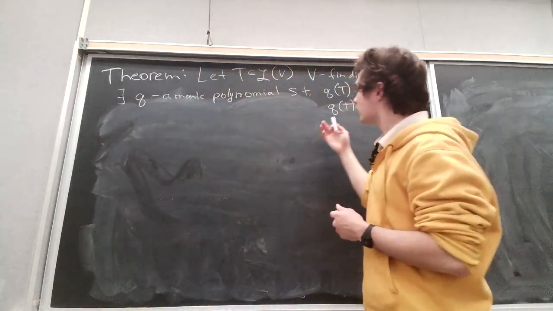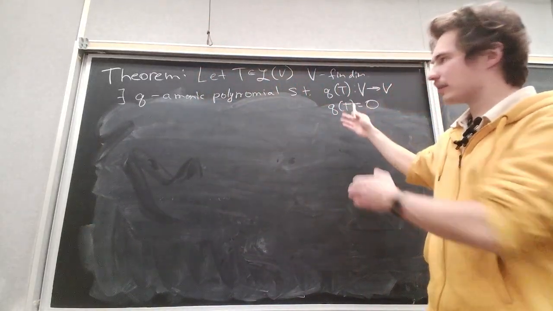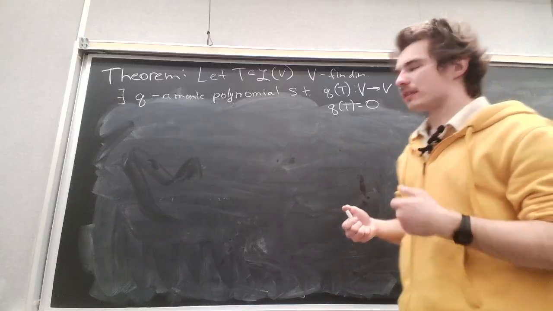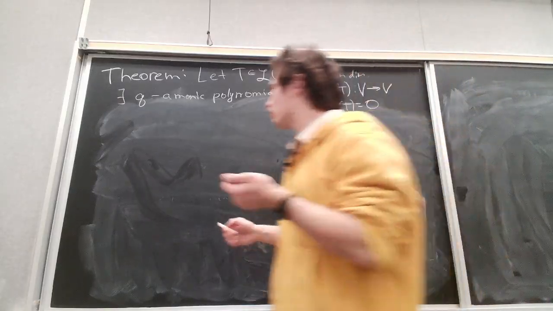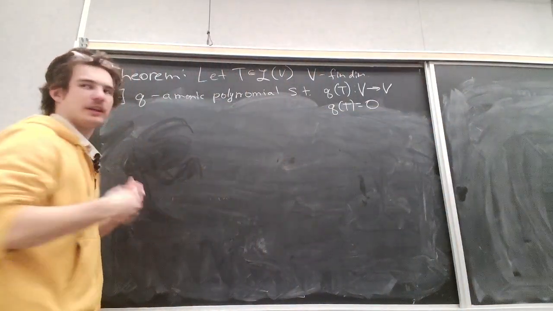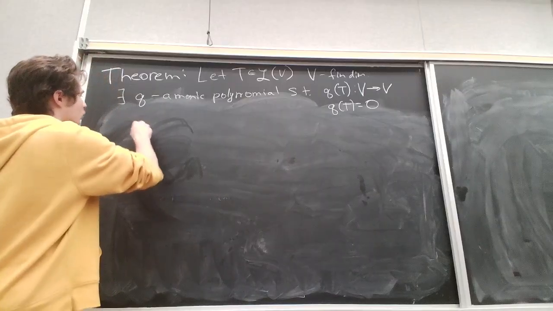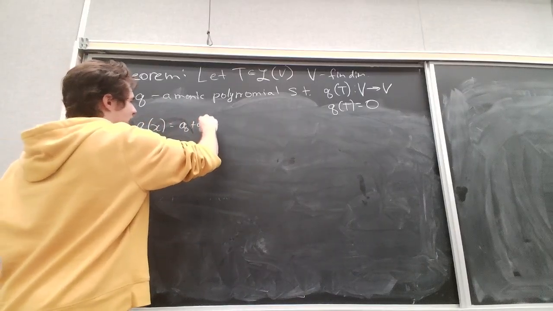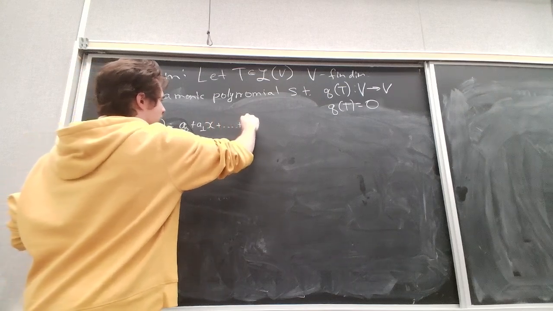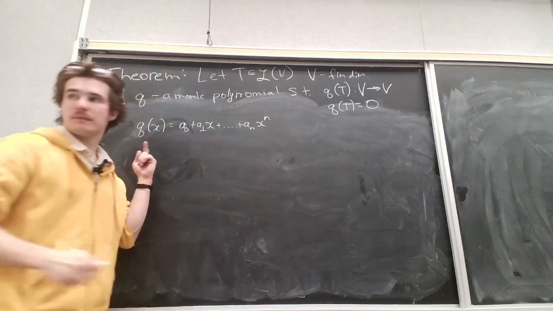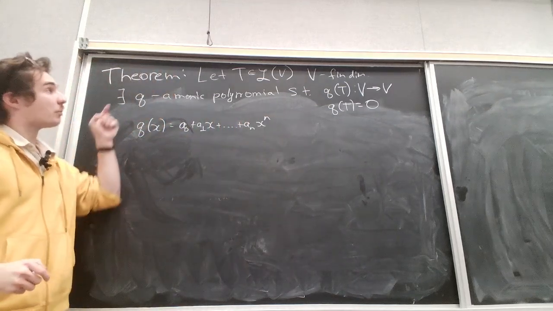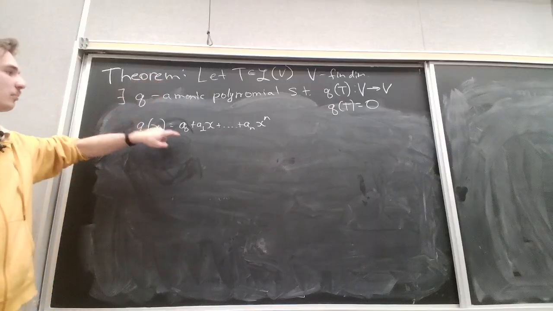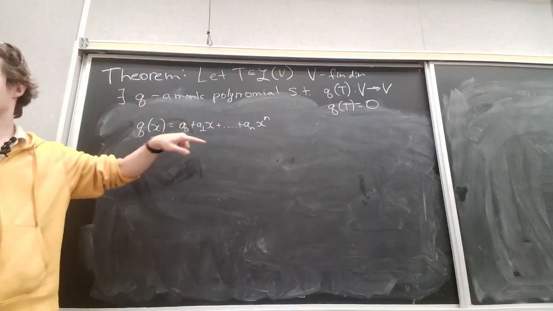In what sense, what do I mean by this? Well, if I have a polynomial, that's just some formal linear combination, like Q of X is A0 plus A1 X plus dot dot dot plus An X to the n. Do you agree? If I have a linear operator T, then I can plug it in instead of X. Do you agree?